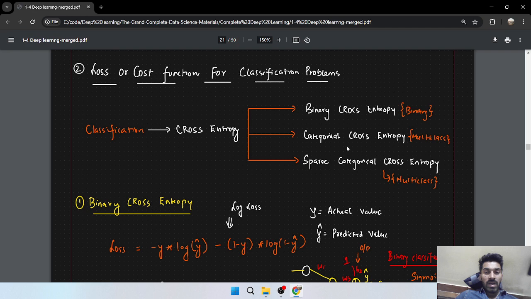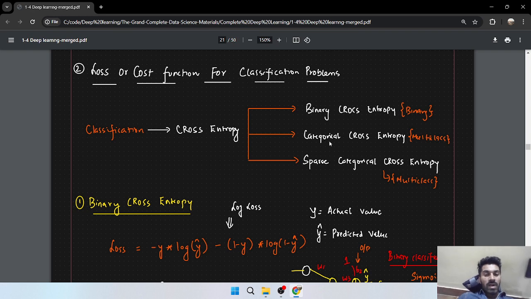But if your data has multi-class classification, then there are two types of losses: categorical cross entropy or sparse categorical cross entropy. Sparse basically will create a sparse matrix.